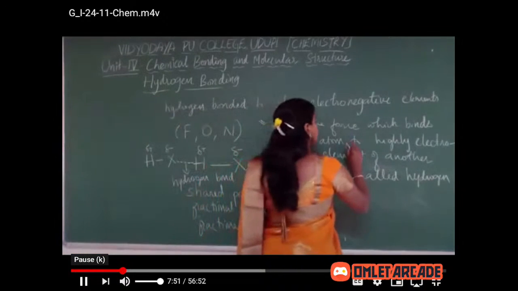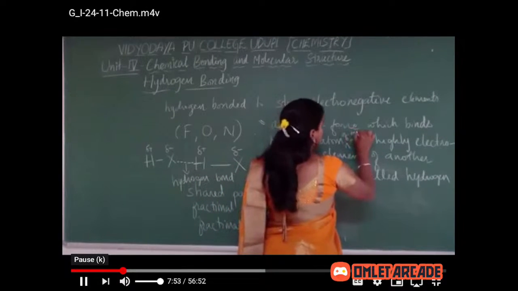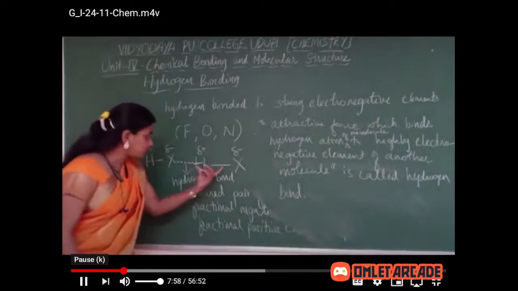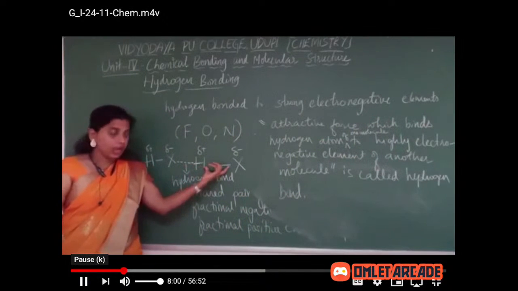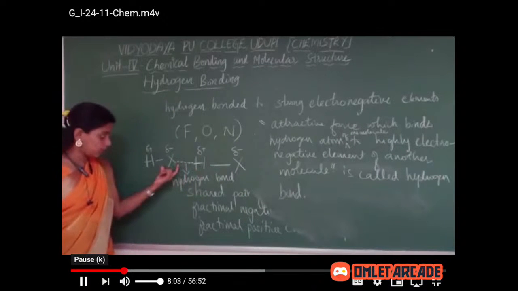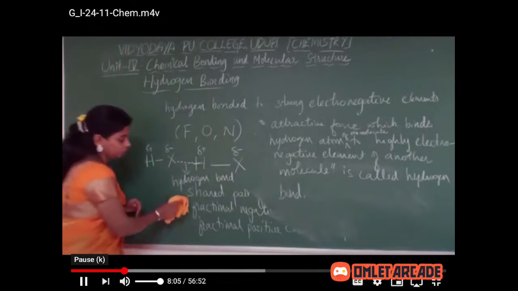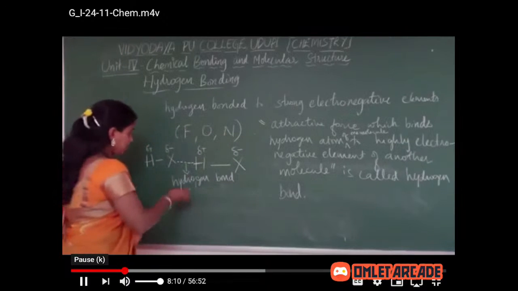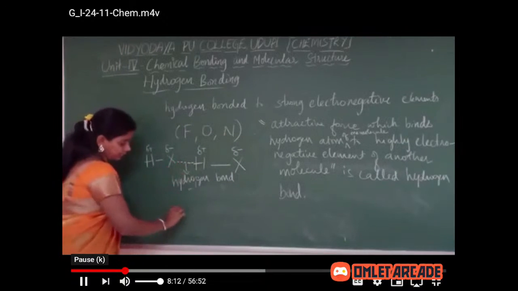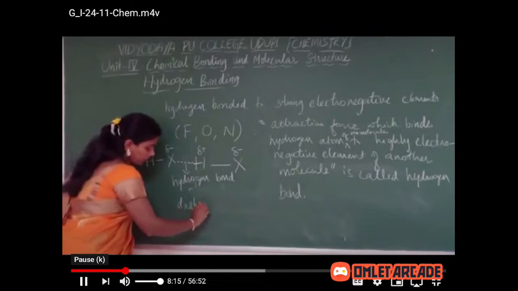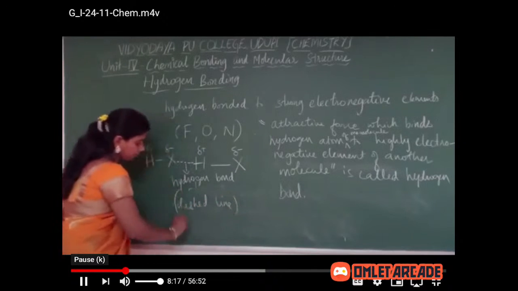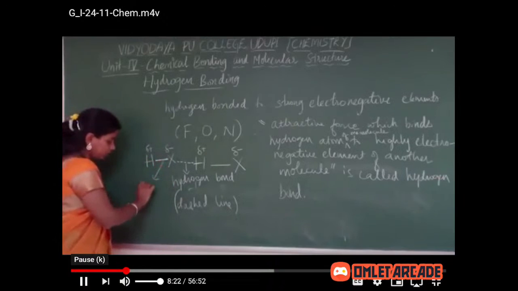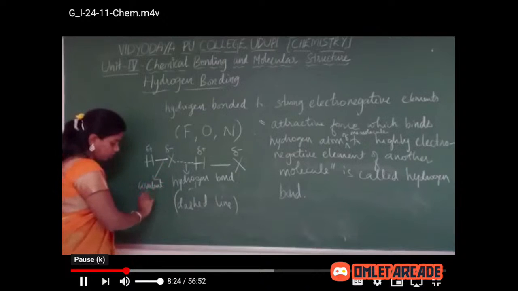Hydrogen atom of one molecule, okay? Means the hydrogen atom of this molecule is attracted towards the highly electronegative element of another molecule. In this one, the dashed line represents the hydrogen bond, whereas the solid line is the covalent bond.